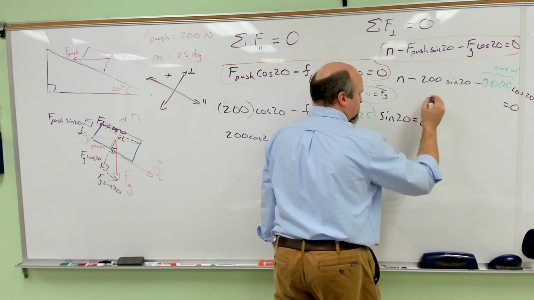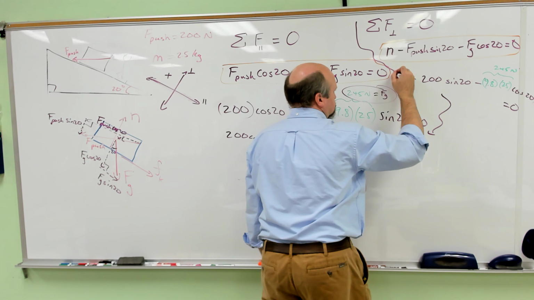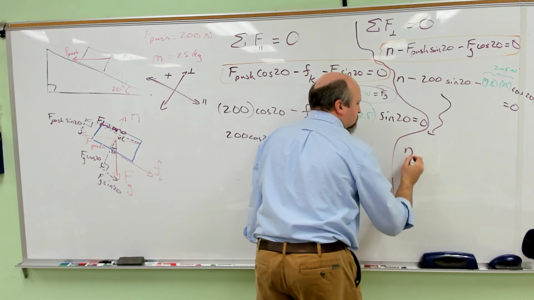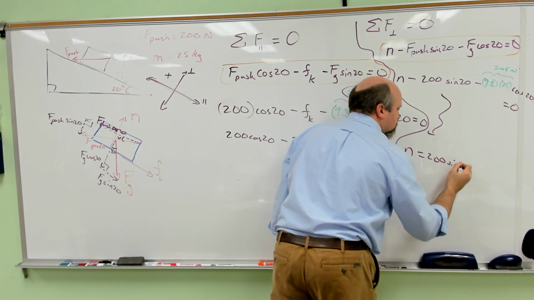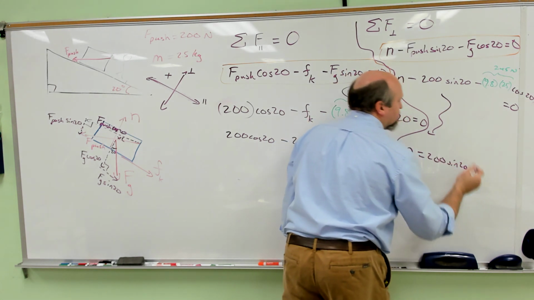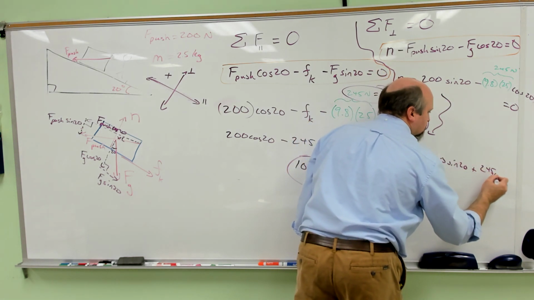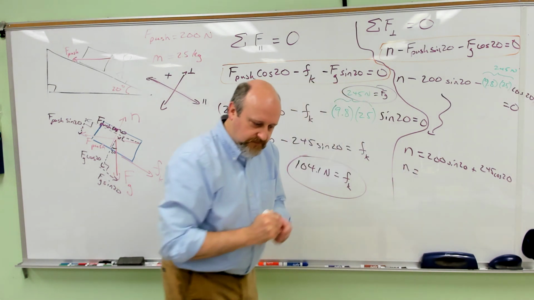And so I'm just going to come down here if that's okay with you. There we go. And so I'll just have that normal force is going to be 200 sine 20 plus, because I'm adding both over, 245 cosine 20. Okay, punch that in my calculator.